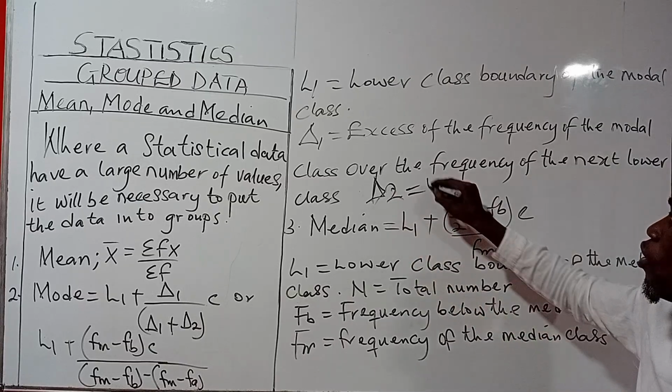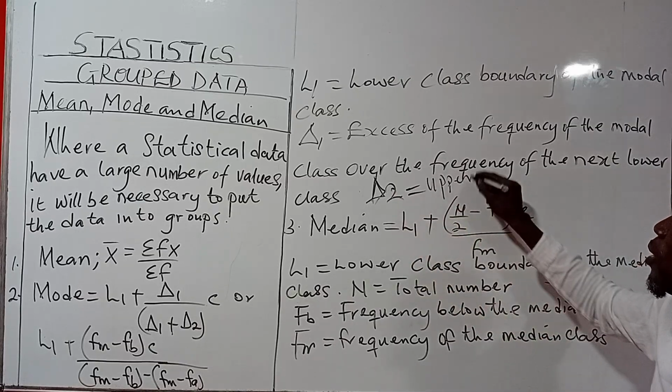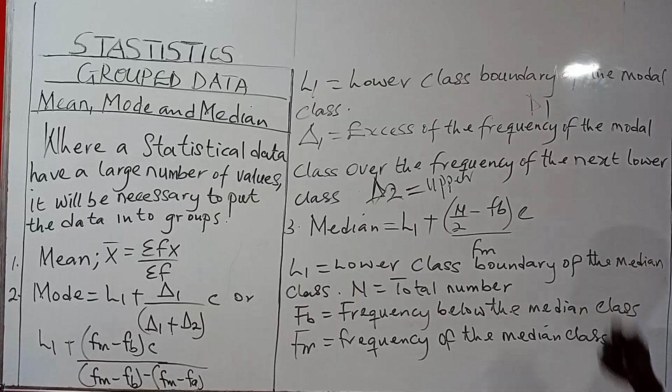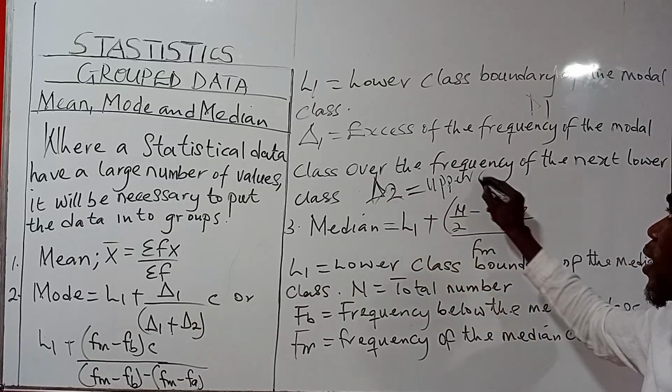This is going to be the upper class, as delta 1 means the next lower class. So this is going to be the upper class in this case.